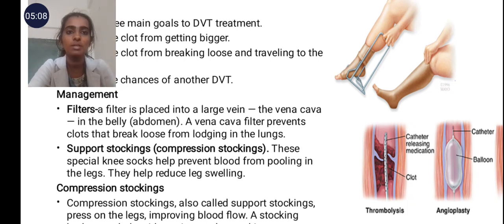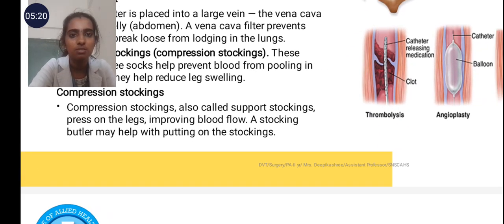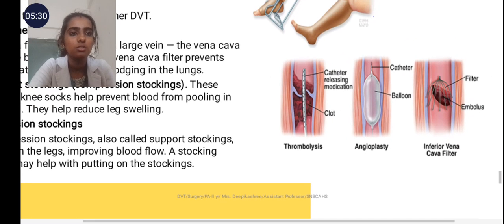Supporting stockings, that means compression stockings like for a varicose vein. These special knee stockings help prevent blood from pooling in the legs and reduce leg swelling. The compression stocking, also called a support stocking, presses on the leg, improving blood flow, and a stocking butler may help with putting on the stockings.